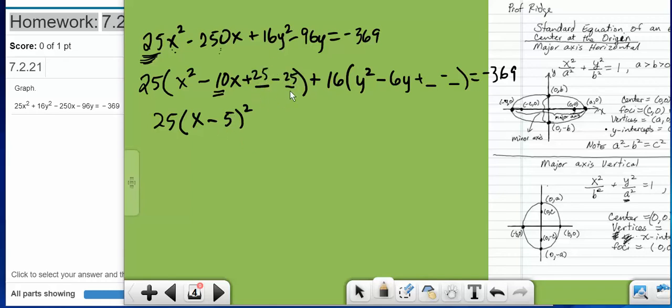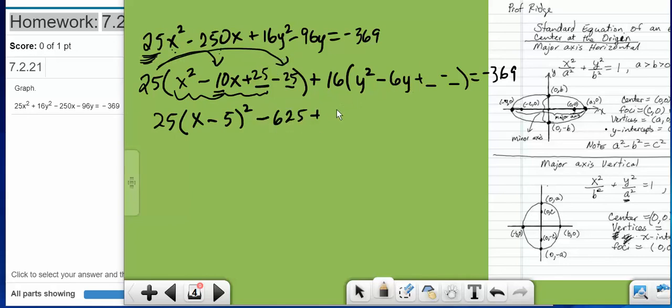The effect is this is actually 0, so we're not changing anything. We're just going to make it look different. Now when we distribute this, these three terms is the same thing as x minus 5 squared. So you have the 25 times the parenthesis squared, and then you have to do 25 times the 25, which is negative 625.